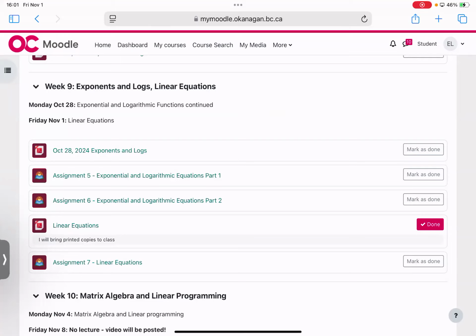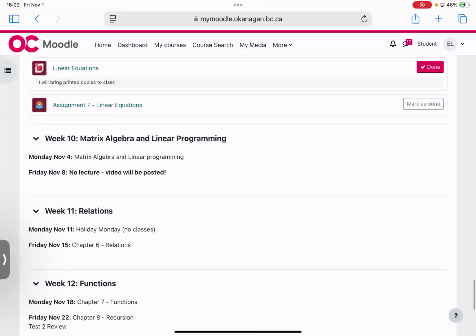We're going to do linear equations today, just kind of brush up on linear equations, inequalities, and that kind of stuff. And it's kind of leading us into matrices next week. Have you guys done any matrix stuff? But it sounds cool, right? So that's something to look forward to.